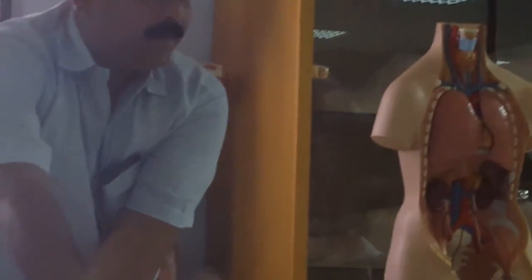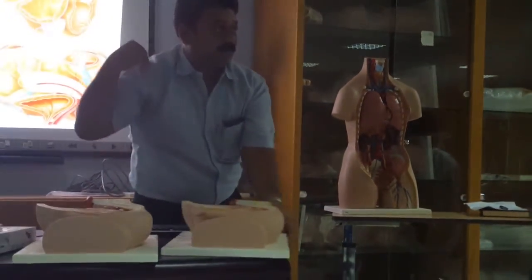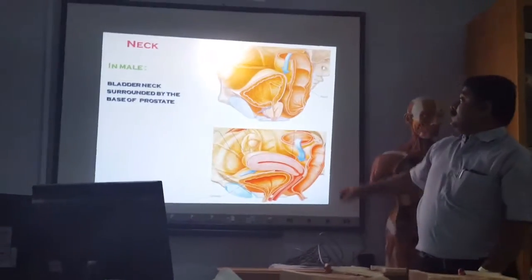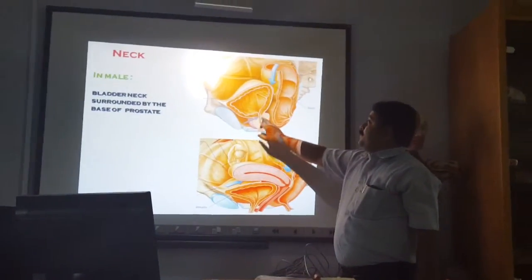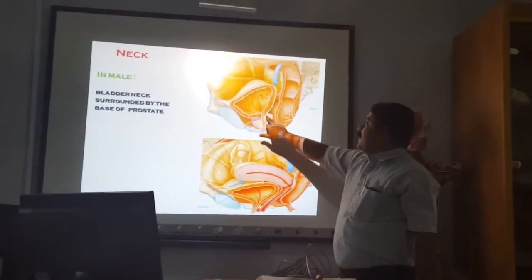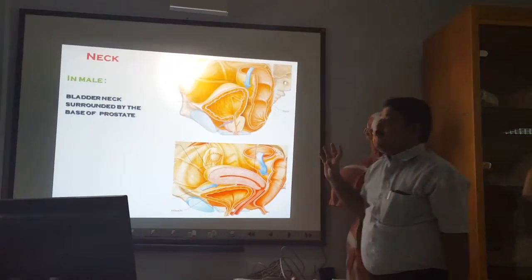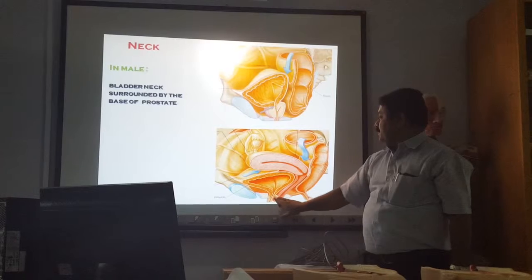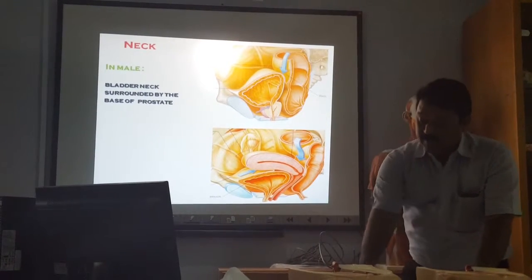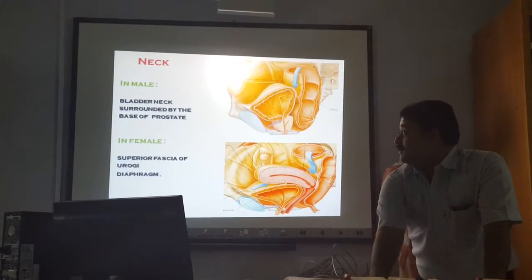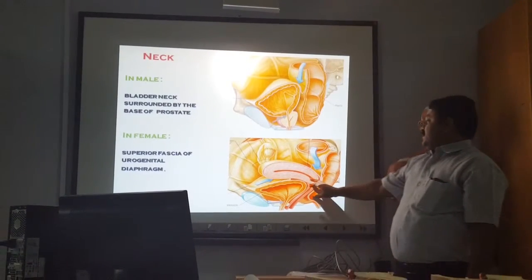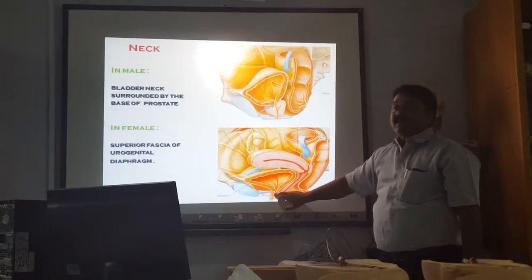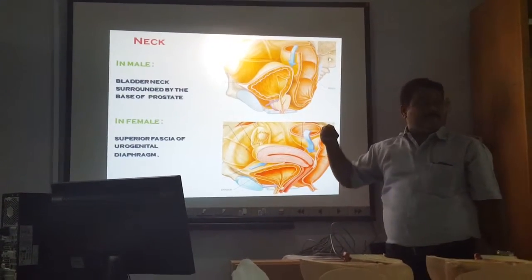So in case of male, the bladder neck is surrounded by the base of the prostate. In case of female, the neck of the bladder rests on the urogenital diaphragm.